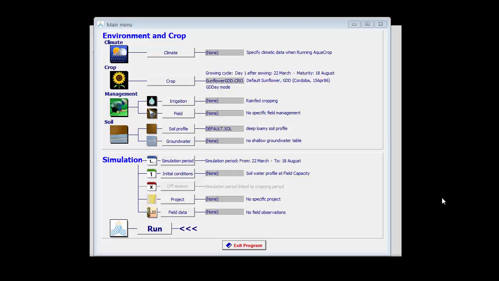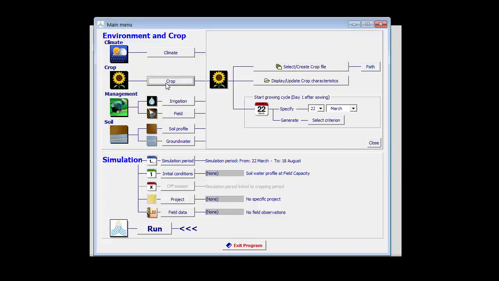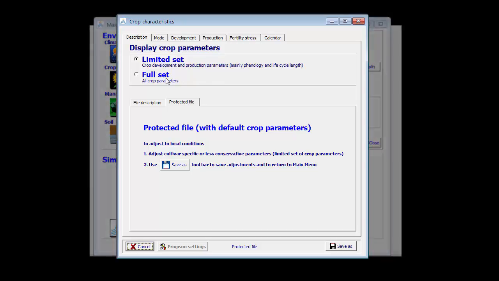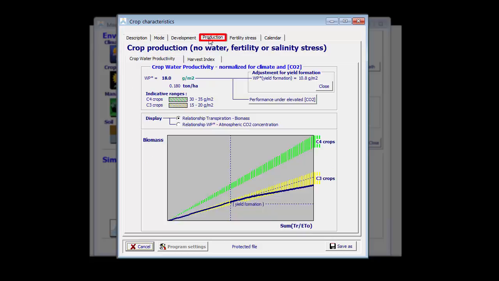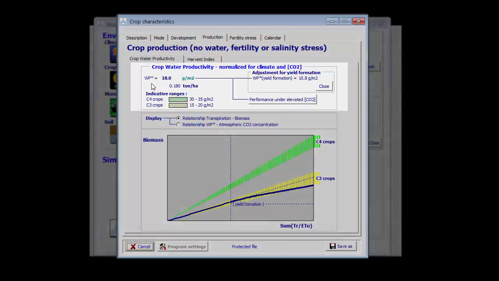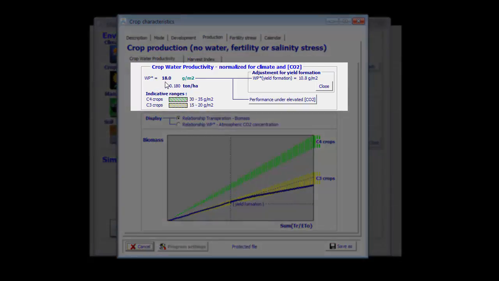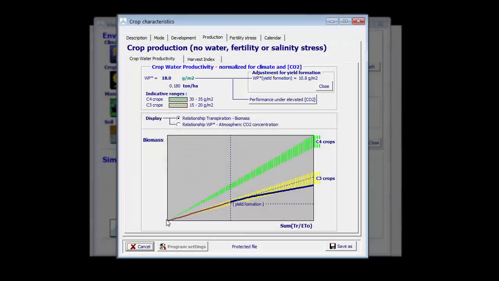Let's look at the crop characteristics of sunflowers. The water productivity is given in the production tab sheet, and I can see that the normalized water productivity for the sunflowers is 18 grams per square meter. That is true in the vegetative stage.